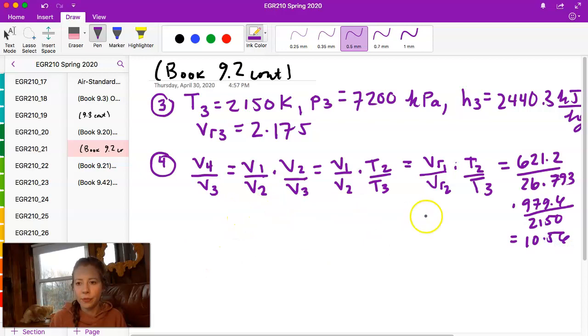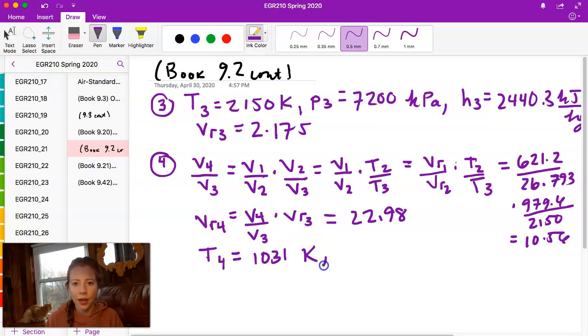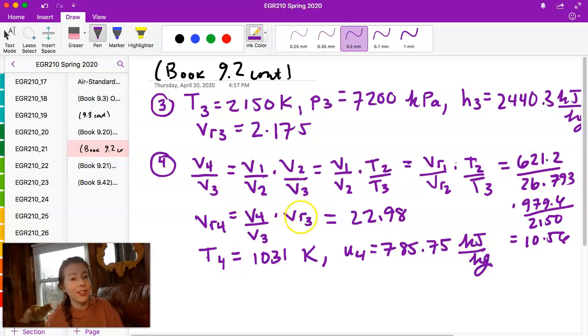And so from there, we can find that VR4 is going to be V4 over V3 times VR3. So we can find our VR4, and that's going to be 22.98. And so from that, knowing the VR4, we can interpolate to find T4 in A-22, which is going to be 1031 Kelvin. And then lastly, U4 is going to be 785.75 kilojoules per kilogram.